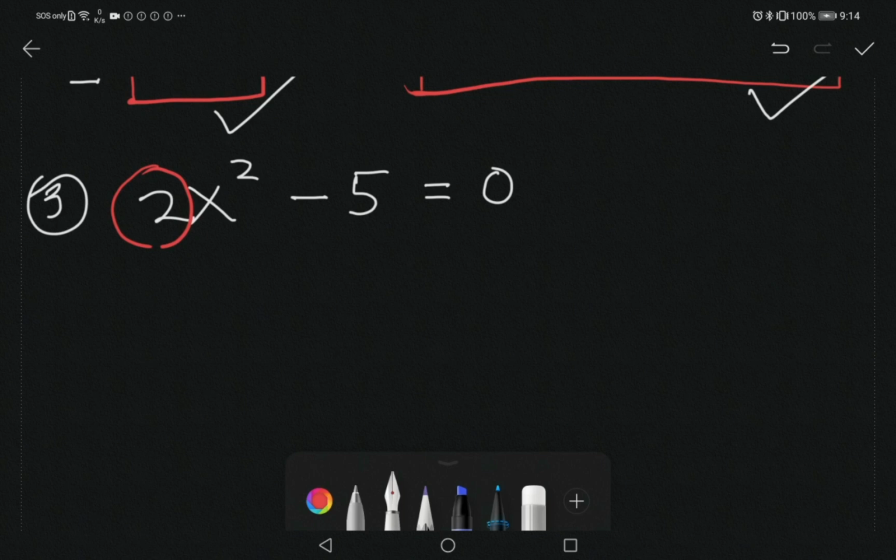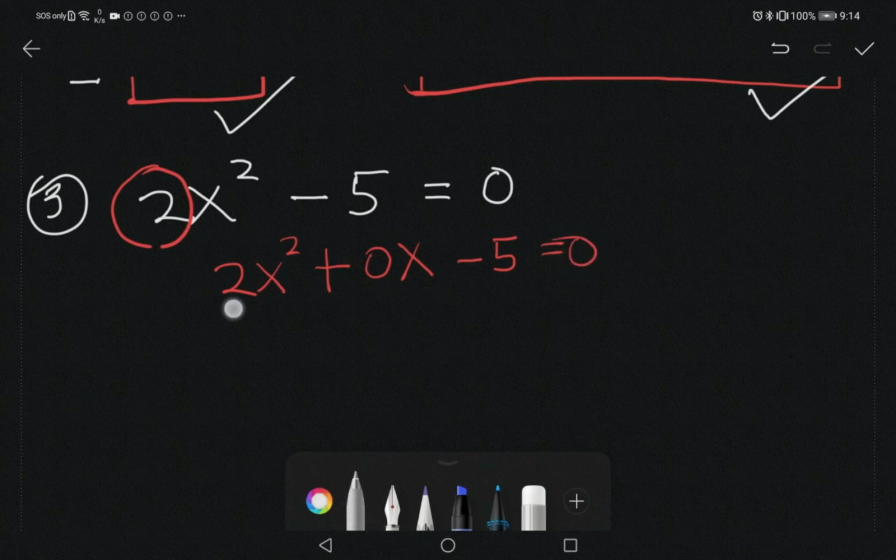So, ato na siyang isulat, 2x squared plus 0x kay wala man siya x diya sa tunga. So 0x siya nya kopyahon na ito na minus 5 equals 0.